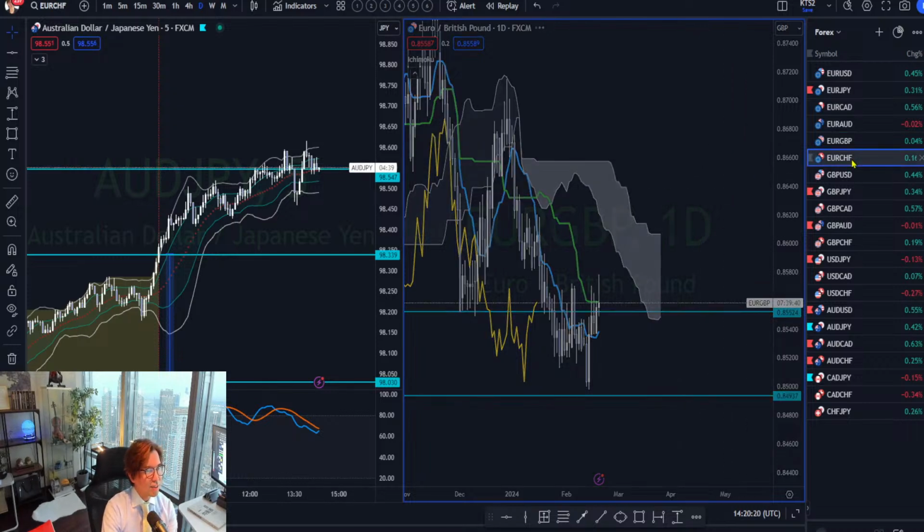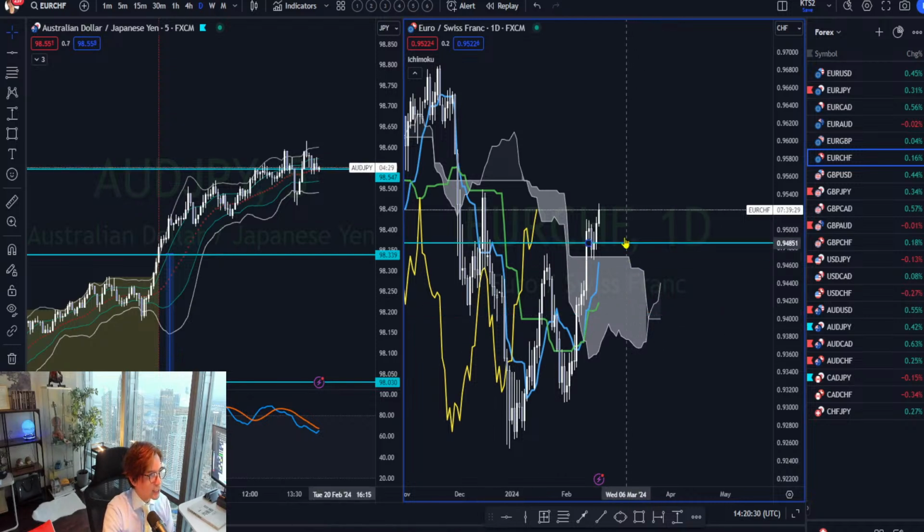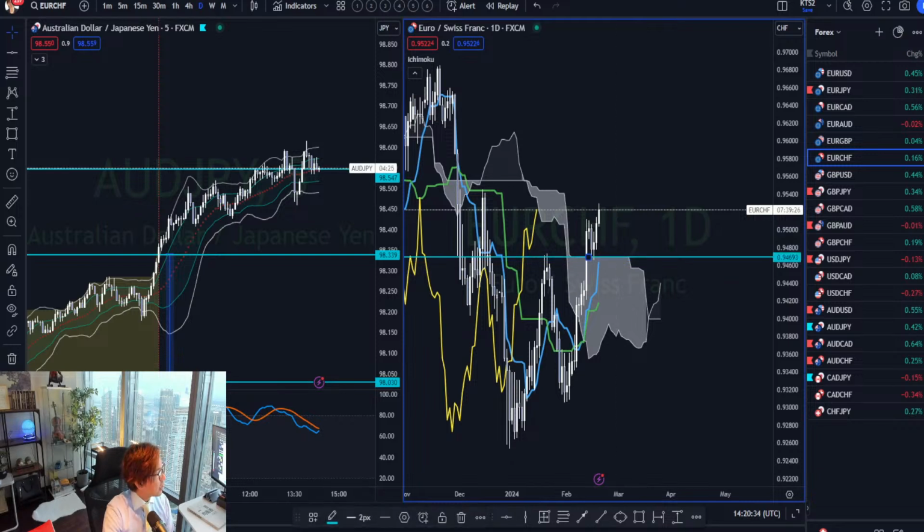So next is Euro Swiss franc. Euro Swiss franc, this is I think up in lower time frame. But first let me explain the daily time frame. So in terms of the daily time frame, after the breakout of the Senkou Span B, which is Kumo, on the 13th of February, it has retraced, then now it went up this way.